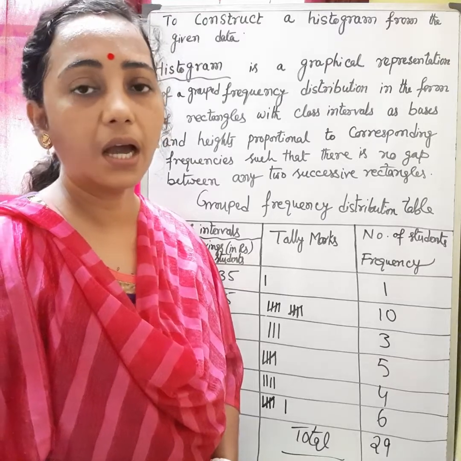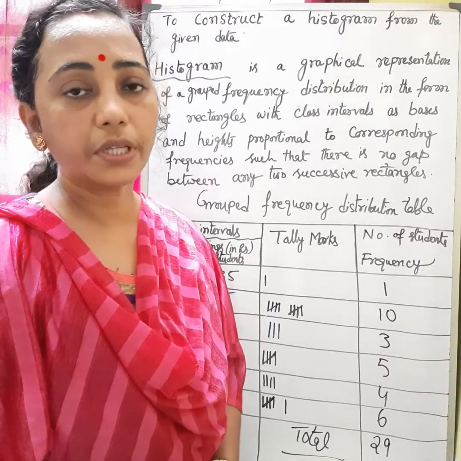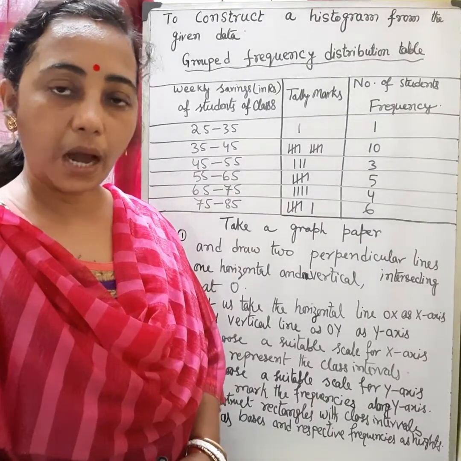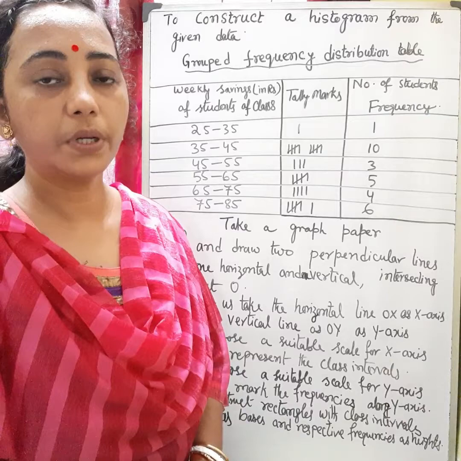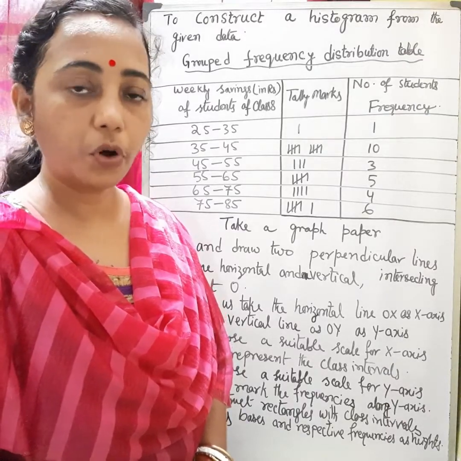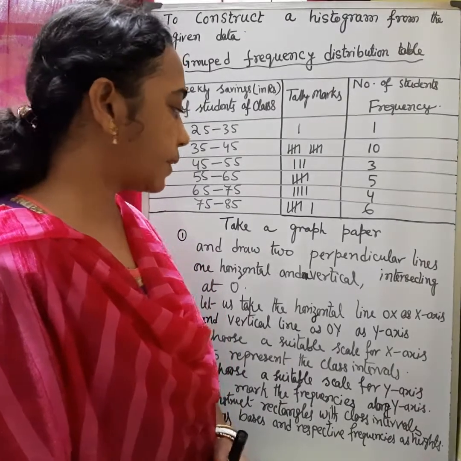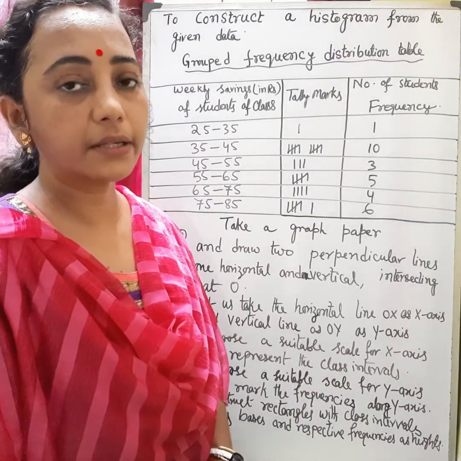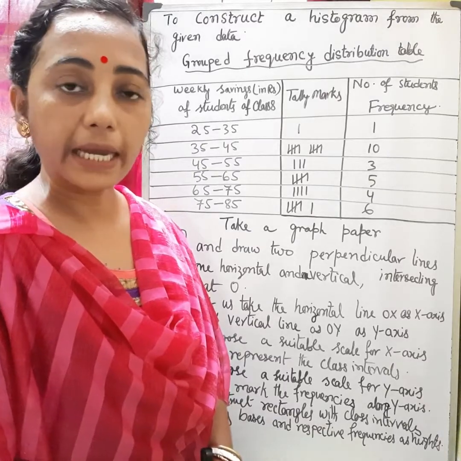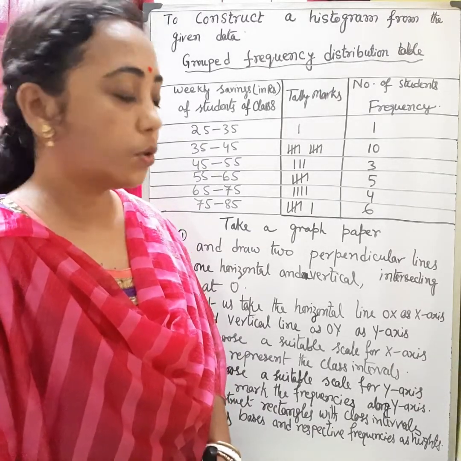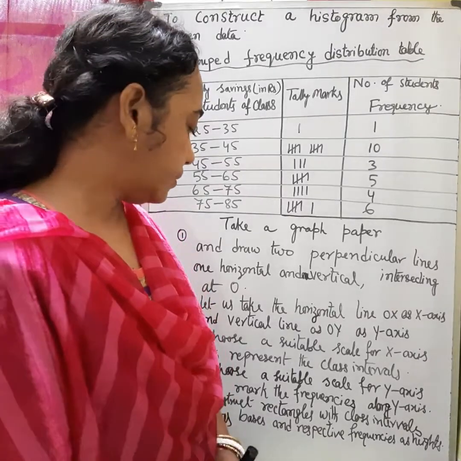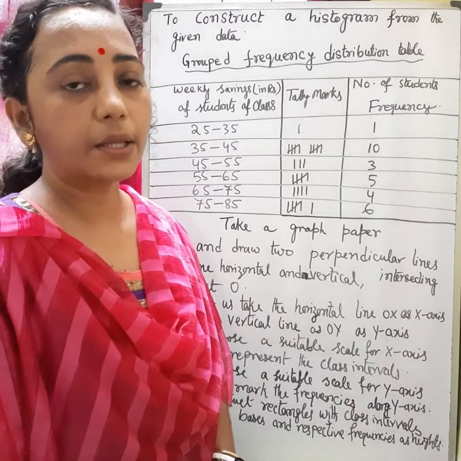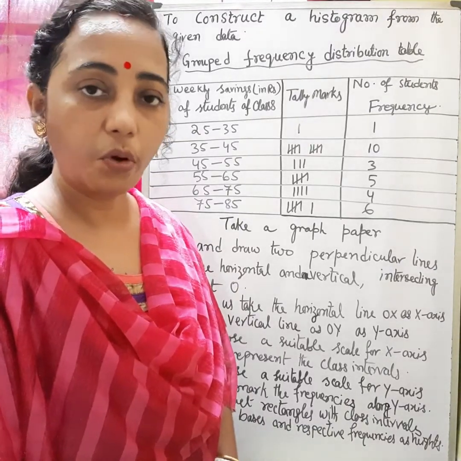So now let us see how to construct a histogram with the given grouped frequency distribution table. To construct a histogram, we will follow these steps. First, we take a graph paper and draw two perpendicular lines, one horizontal and another vertical. Both these lines intersect at a common point, which we name O. Then we take the horizontal line OX as the x-axis and the vertical line OY as the y-axis.